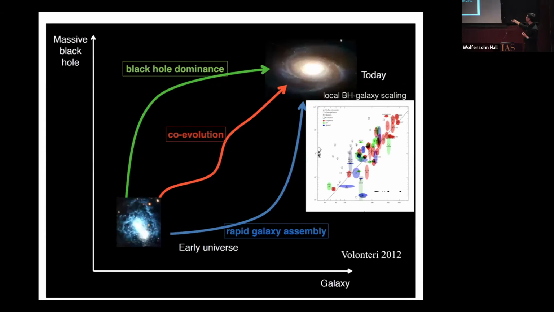Whether they go hand in hand, whether black holes grow first and galaxies catch up, or whether there's rapid galaxy assembly and then black holes accrete later. And I think probably by the end of the talk, you'll not be surprised if I say that the real picture is complicated. There are different pathways of reaching towards that. But I think it's the process of trying to understand what is going on in these pathways that's teaching us a lot about quasar physics and their connection to galaxies.